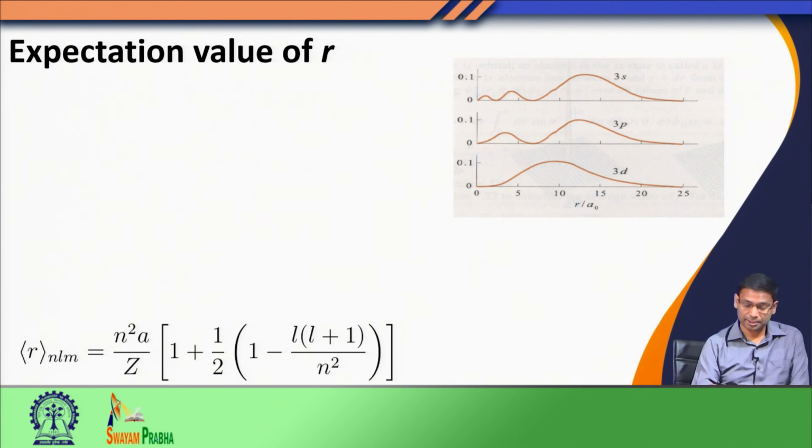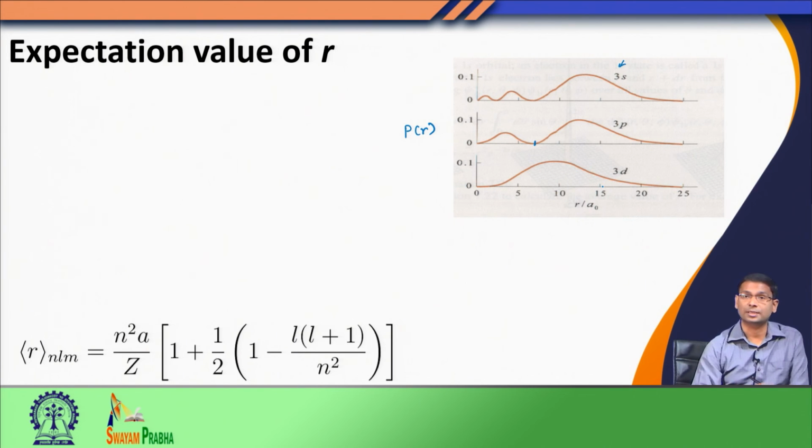Here, for example, you see these are the radial distribution functions for 3s, 3p and 3d. In all three cases, the principal quantum number is 3, the L values are changing. When you see that, you would see that the 3s orbital would have 2 radial nodes, the 3p orbital will have 1 node over here and the 3d orbital will have no node.